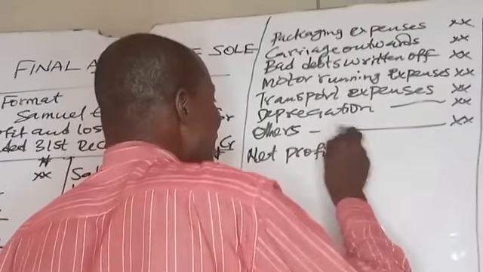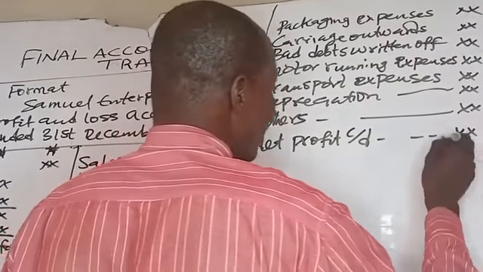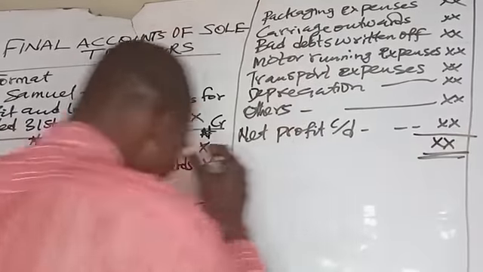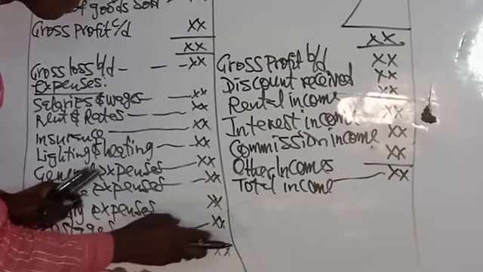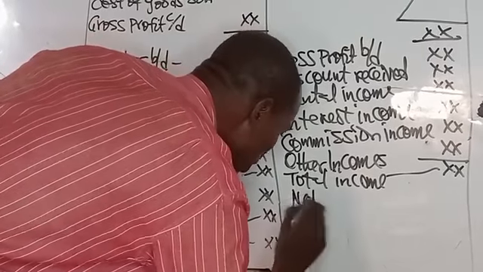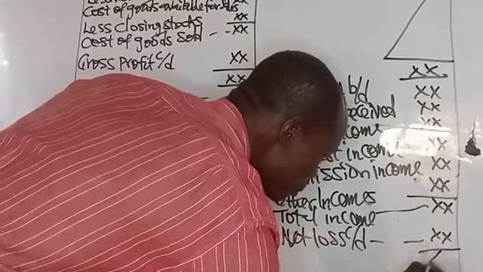It will be net profit where the income at the credit side is more than the total of all the expenses at the debit side. But where the expenses at the debit side are greater than all the income at the credit side, then you have net loss. Net loss, carry it down.